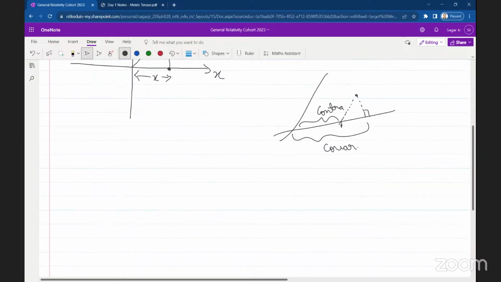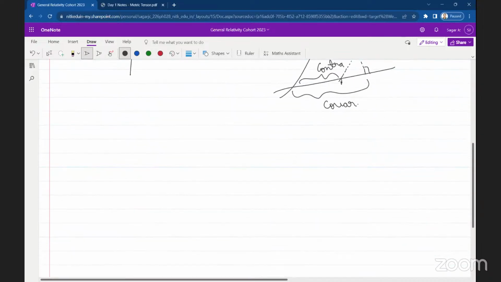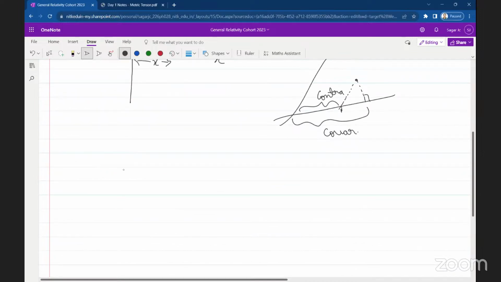Okay, fine. Now I'll define a quantity called displacement, ds. In any arbitrary curved space, the distance between two very close points, I'll call ds. It's just like the line element that gives you the distance between two closely separated points.